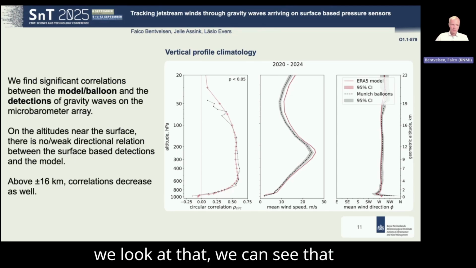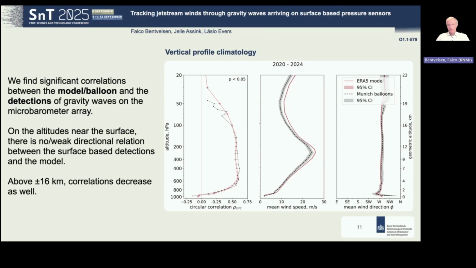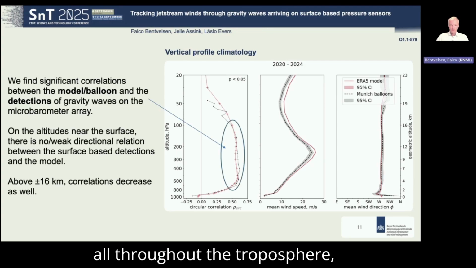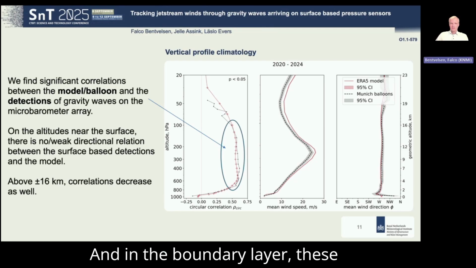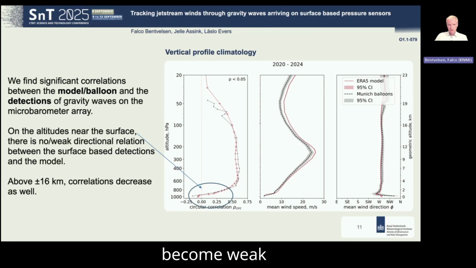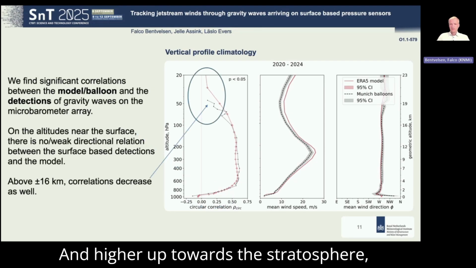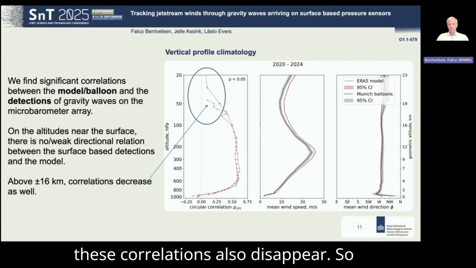And when we look at that, we can see that all throughout the troposphere, we find significant correlations. And in the boundary layer, these become weak, and even surpass zero. And higher up towards the stratosphere, these correlations also disappear.